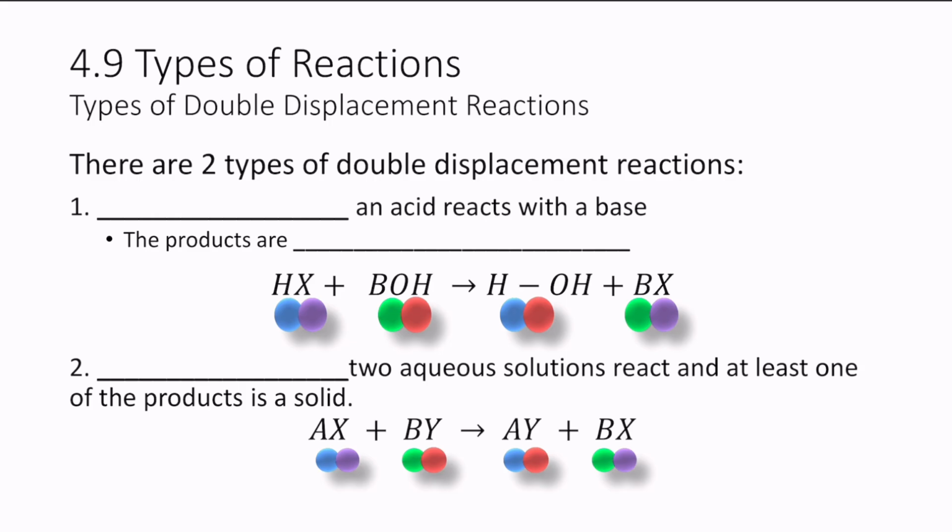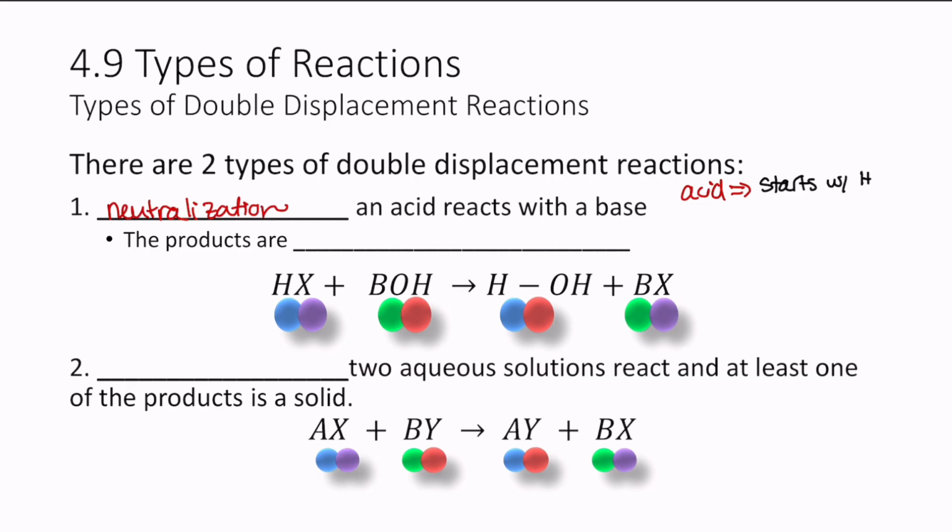When you are looking at the types of double displacement reactions, there are two types. The first type is a neutralization reaction. And this is where you have an acid and it reacts with a base. So an acid for this class is defined as something that starts with hydrogen.